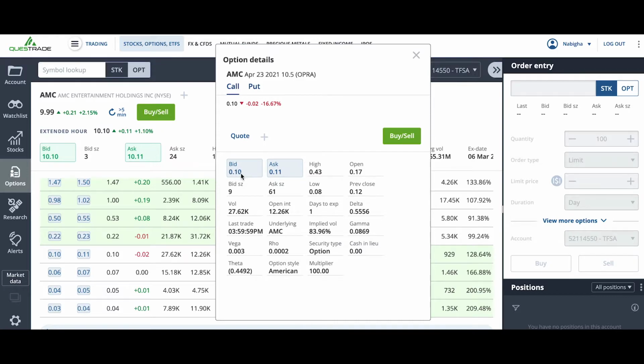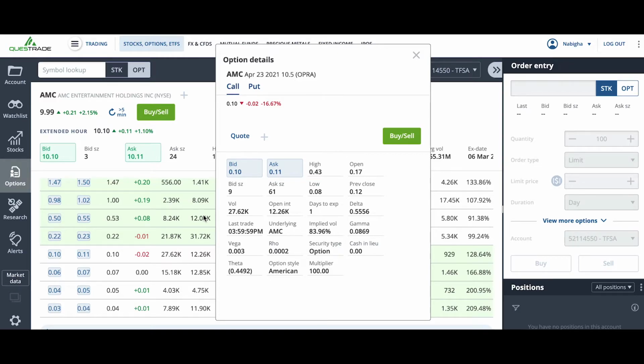And the delta for the new option would be 0.55 plus 0.08, which is 0.63. So now the option has a 63% chance of ending in the money. That makes sense because the strike is 10.5 and AMC has already moved to 11, so it's already in the money. So there's a higher chance of it ending in the money and not outside of the money.